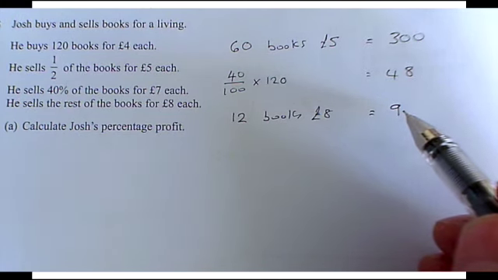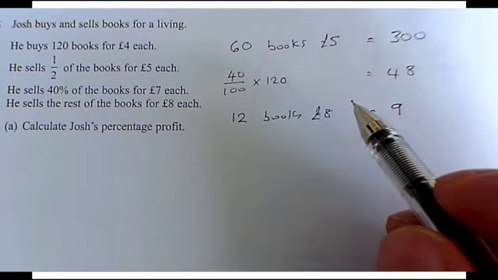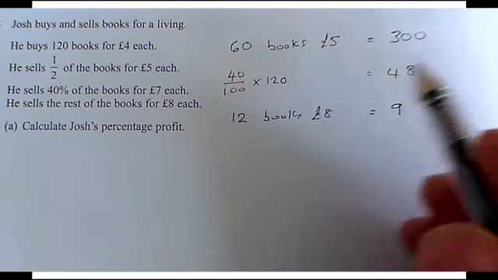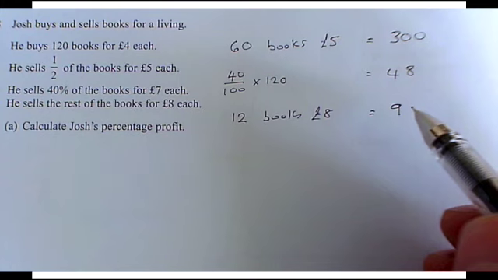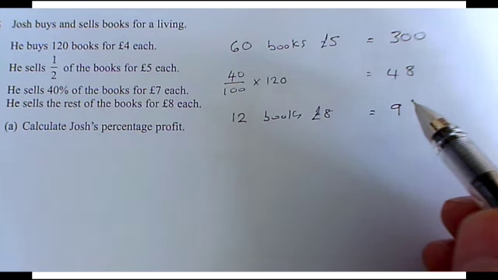So all we've got to do now is work out 48 times 7. So let's just finish that off. So 12 books at £8 each, 12 eights are 96.